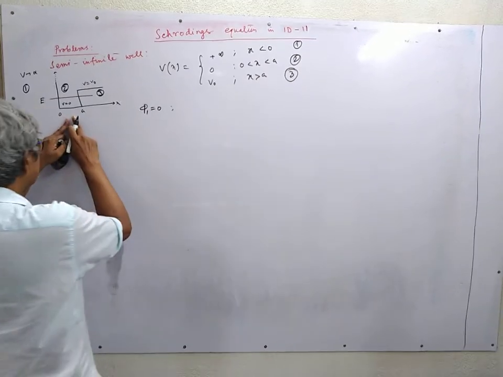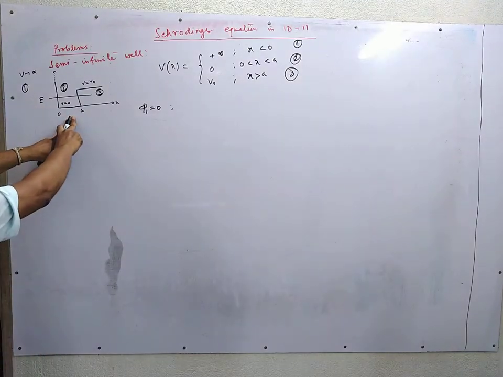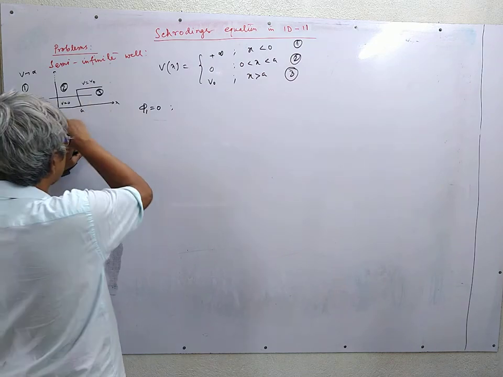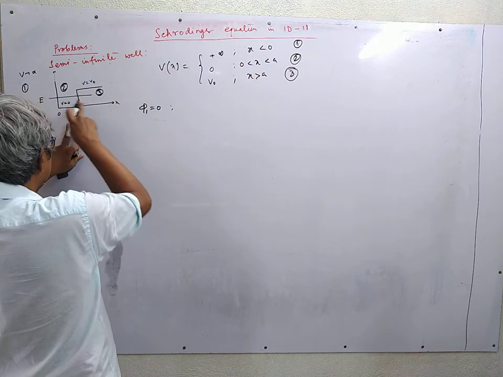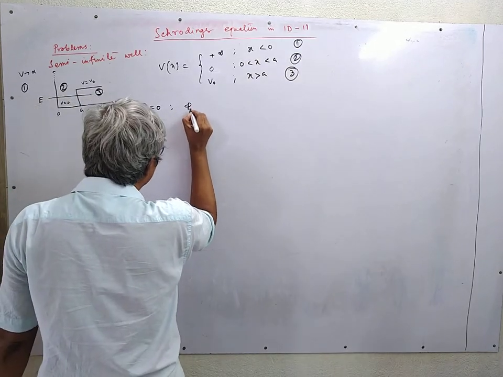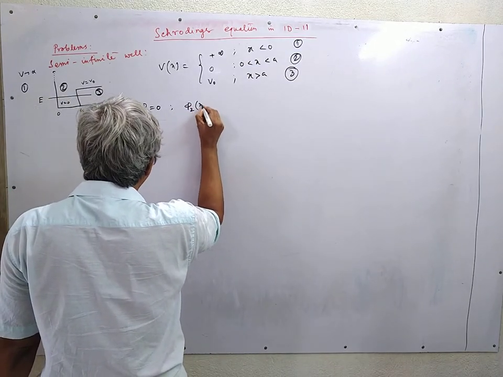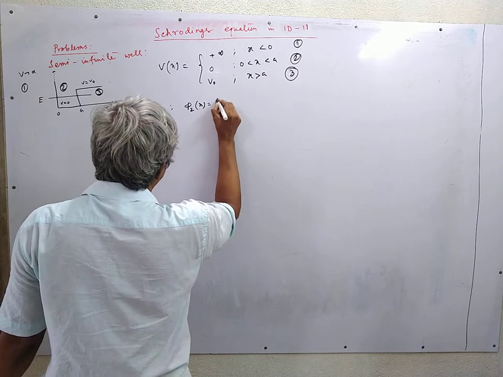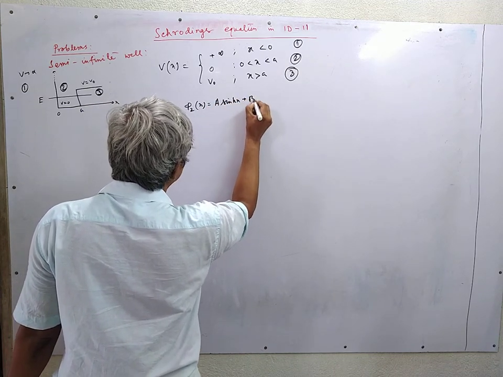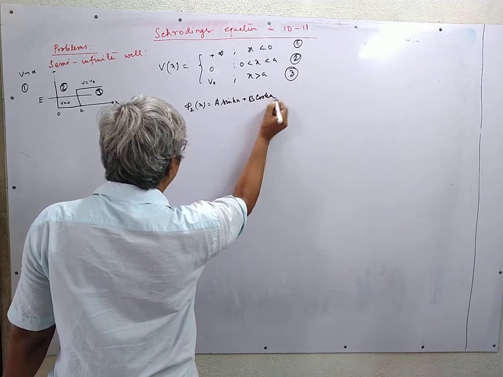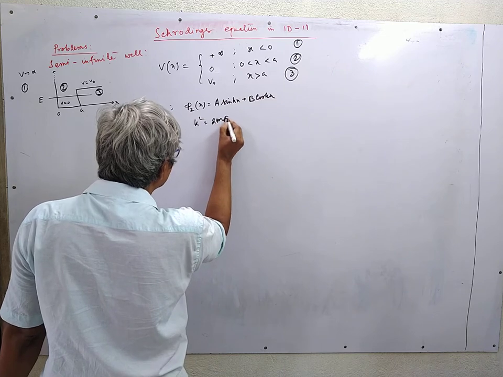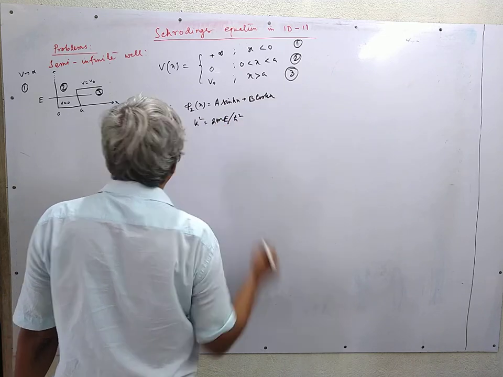In region 2, the wave function is that of a free particle, and since the particle moves back and forth, we assume the solution in the form of stationary waves, A sin kx plus B cos kx, with k squared equal to 2mE by h-bar squared.